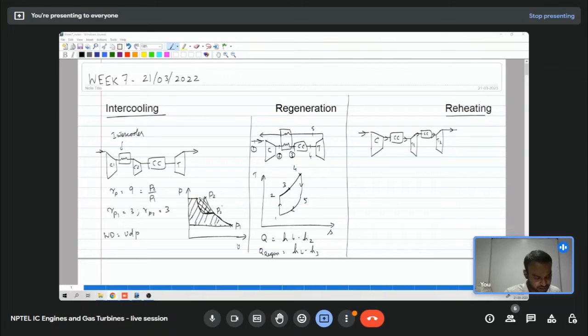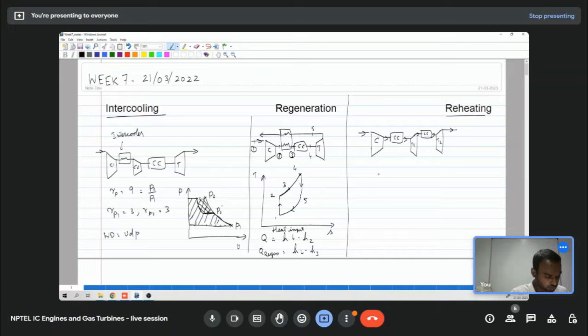Earlier the whole heat was supplied by the combustion chamber itself. Now it is only H4 minus H3. Okay. This is Q heat input.